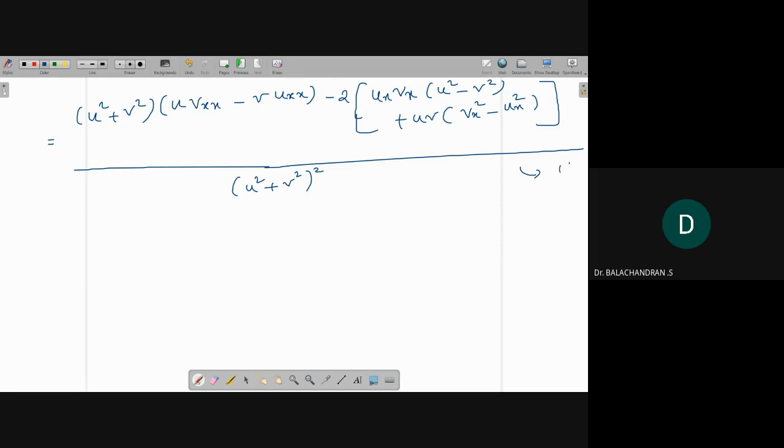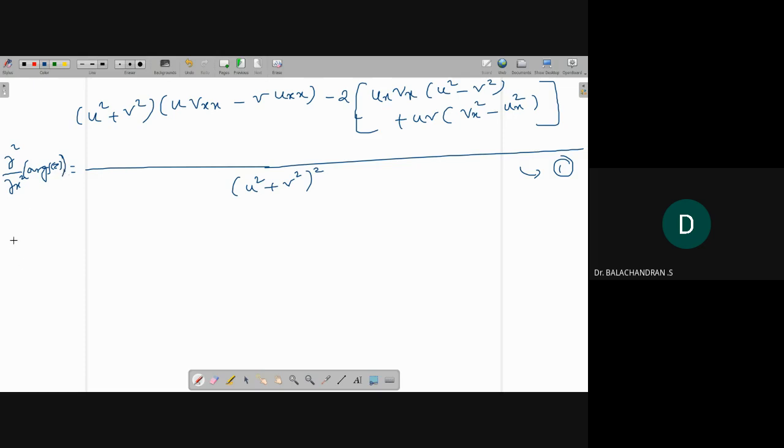The left hand side, I will write, argument of dou square by dou x square of argument of f of z, equal to this expression.